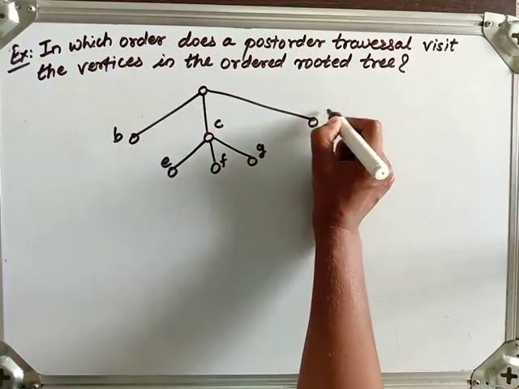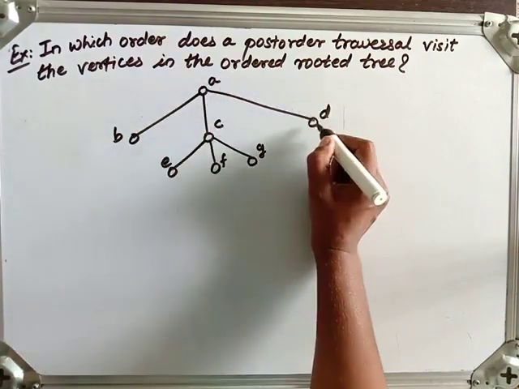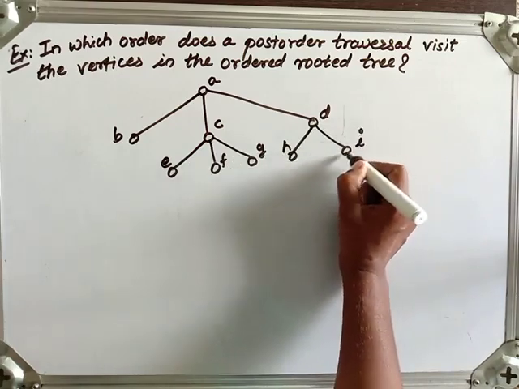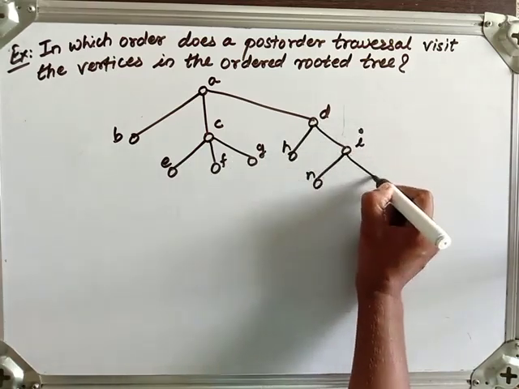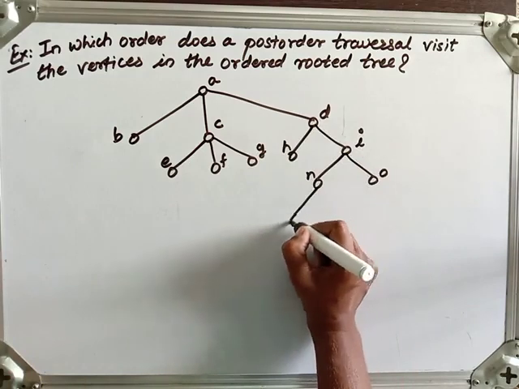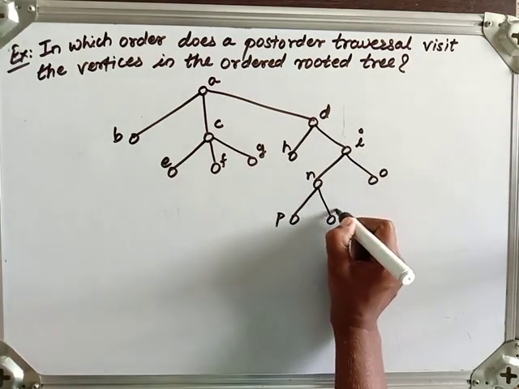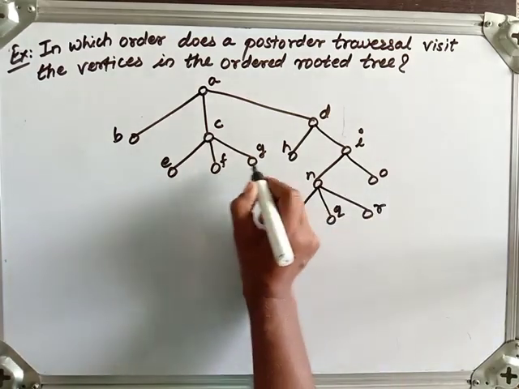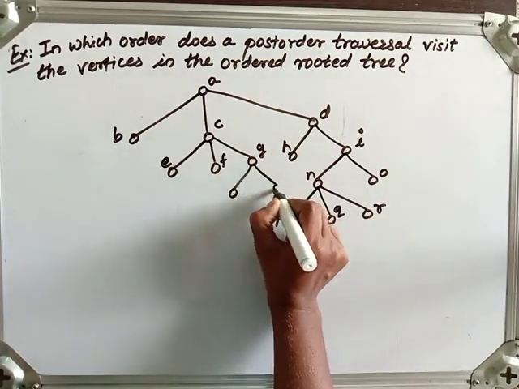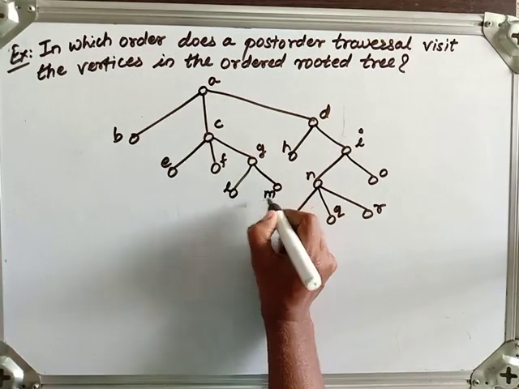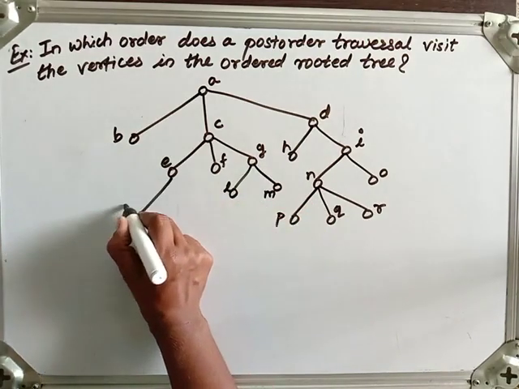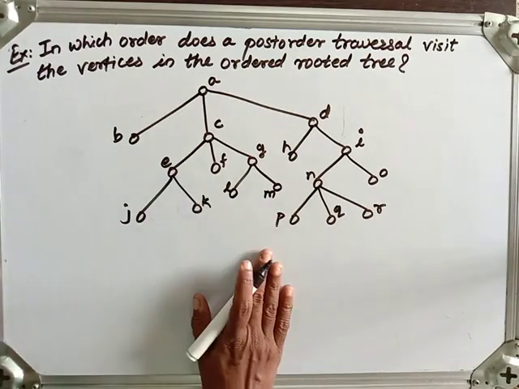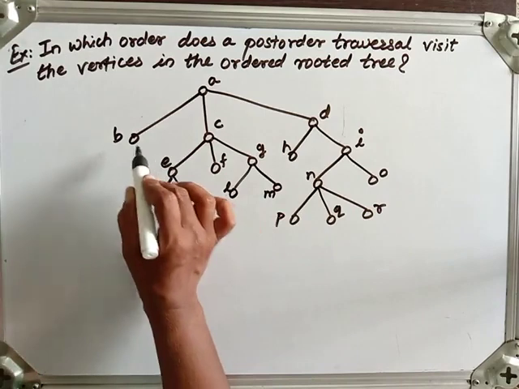So pay attention while explaining. This is our tree here. We have to use post order traversal again here. So now look at this.